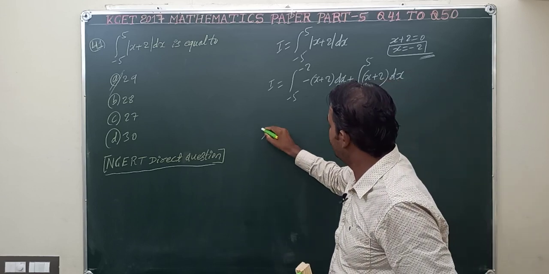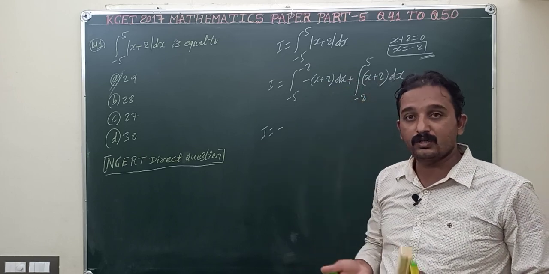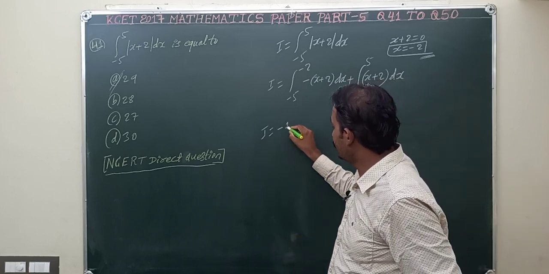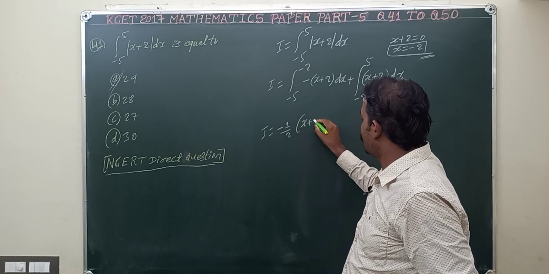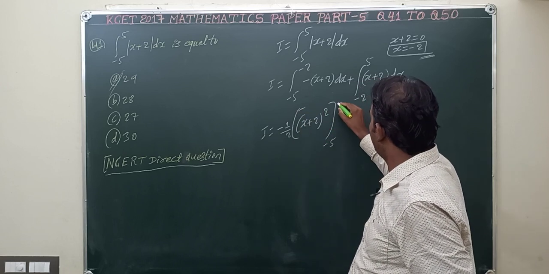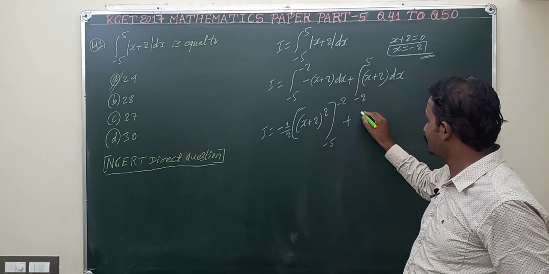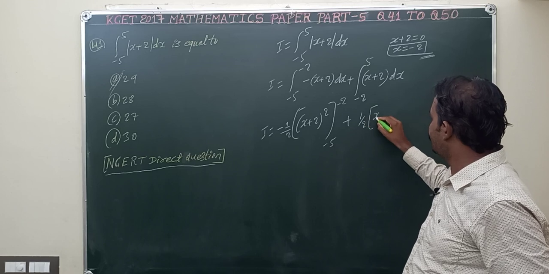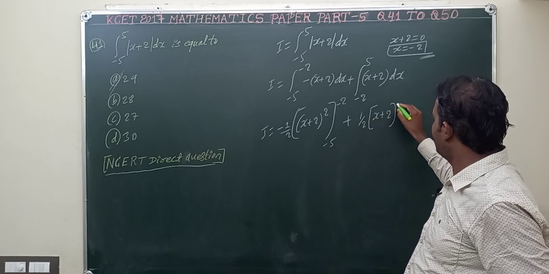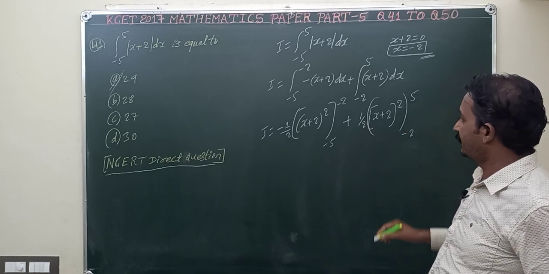Here take the minus outside as a constant, x plus 2 integrates to x plus 2 whole square by 2. Apply the limit from minus 5 to minus 2, plus the same for the second part: 1 by 2 times x plus 2 whole square, apply the limit from minus 2 to plus 5.